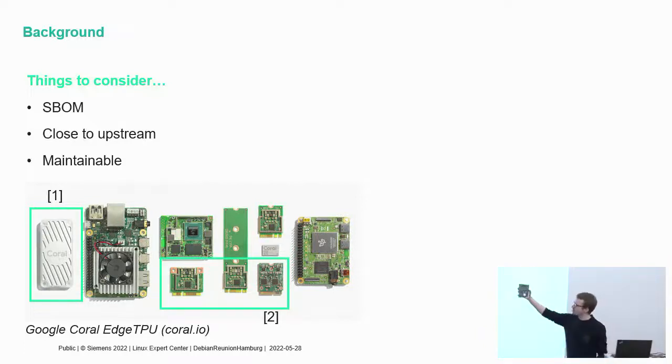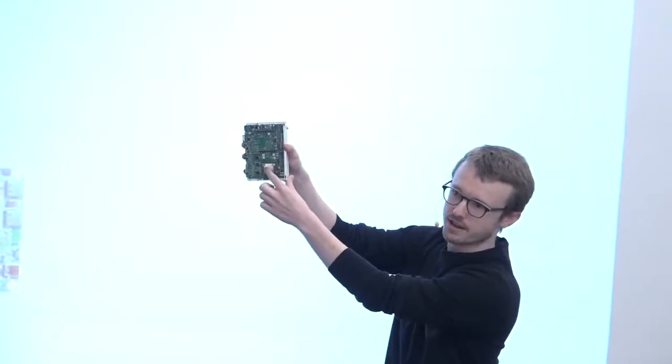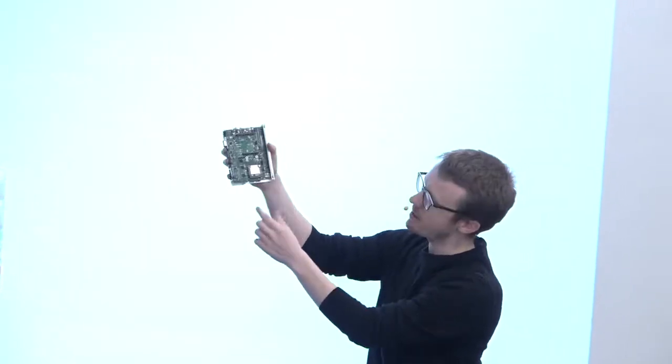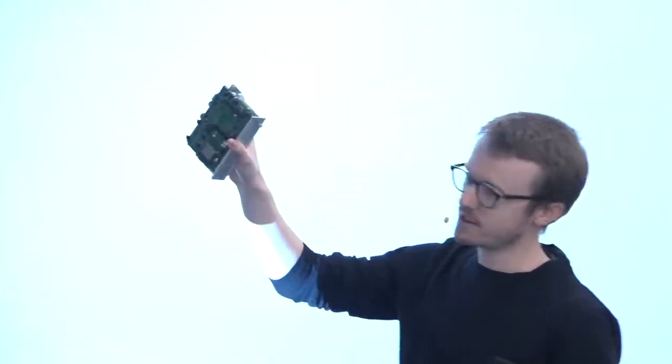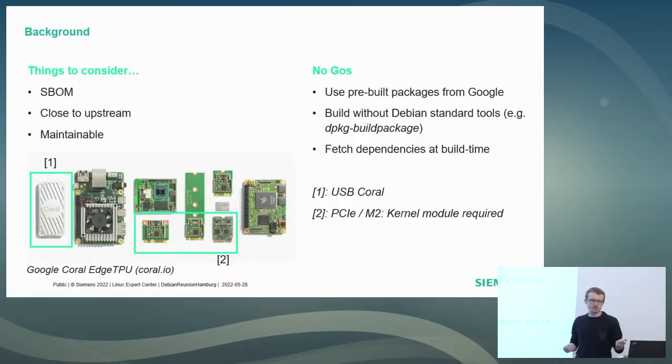If you look at the box, just this thing here is the chip where the acceleration takes place, so where the neural networks are executed. This is available as both a USB device and a PCIe device. There's a small difference. For the USB device, you don't need kernel modules, which makes the integration much easier.